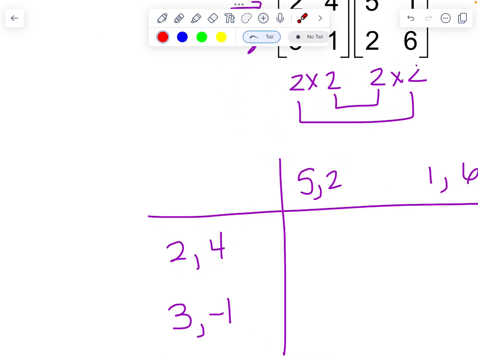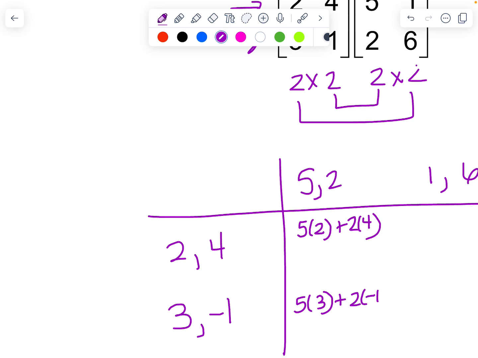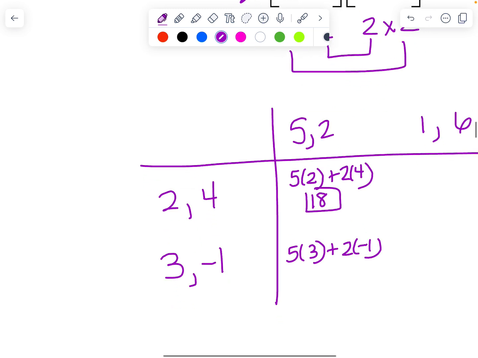So remember, I would do 5 times 2, and then 2 times 4. So this is going to be 18. I would do the same thing: 5 times 3 plus 2 times negative 1. This is going to be 15 and negative 2, which is 13.